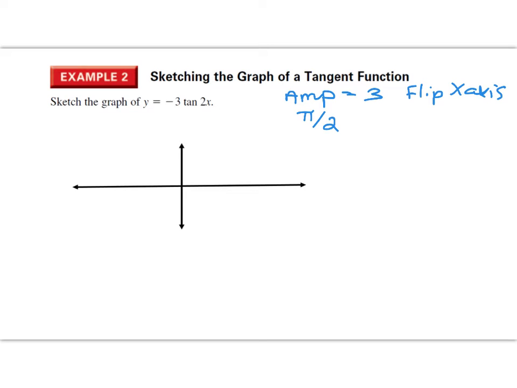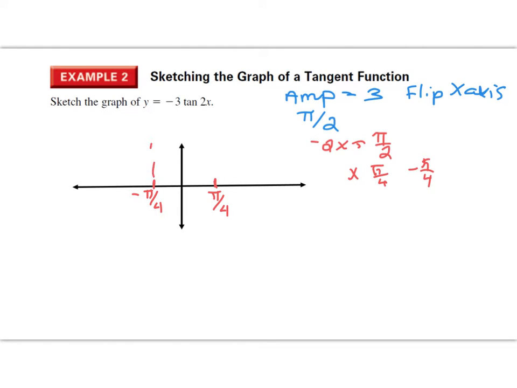So that means I'm going to have negative pi over 4 and pi over 4 as my endpoints, because again, remember we go 2x equals pi over 2. If I divide by 2, I get pi over 4. And if I do the same thing with the negative, I get negative pi over 4.